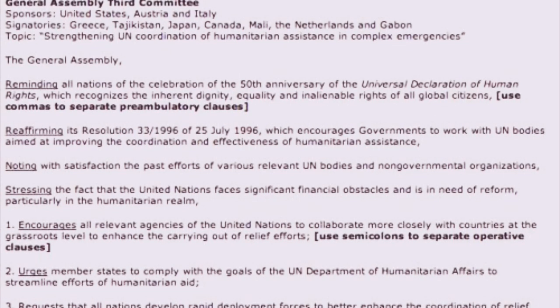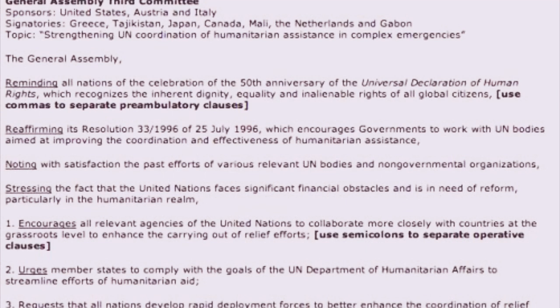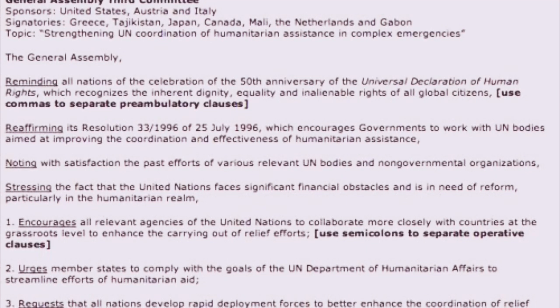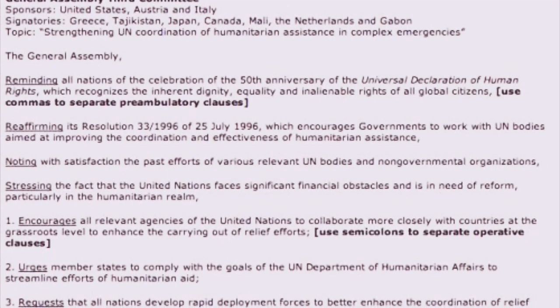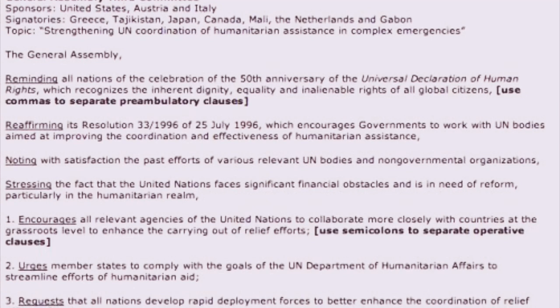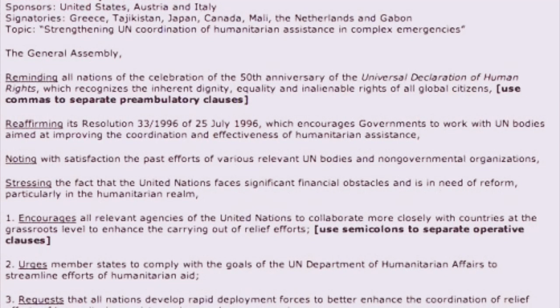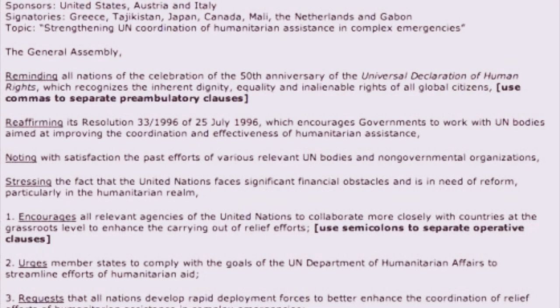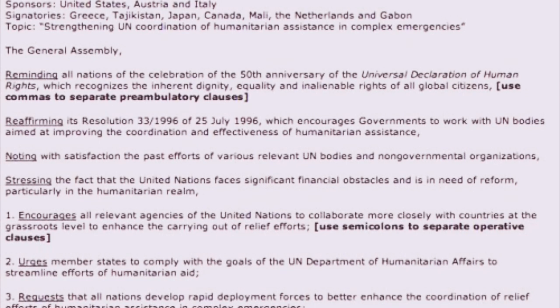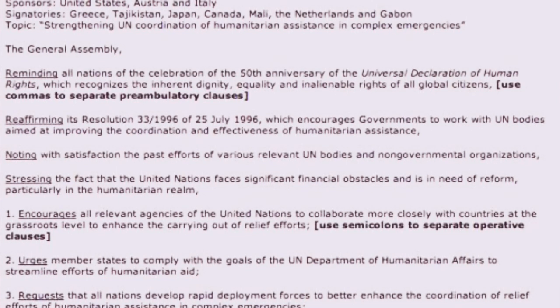Now let's come to the main part, which is the 2 types of clauses, preambulatory and operative clauses, which constitute the core of a resolution. The first 4 are known as preambulatory clauses. The rest 7 are known as operative clauses.